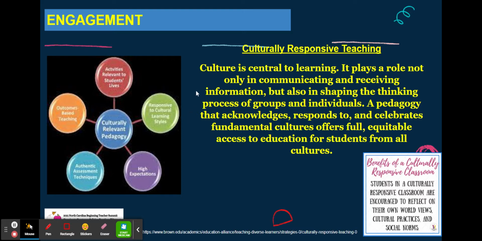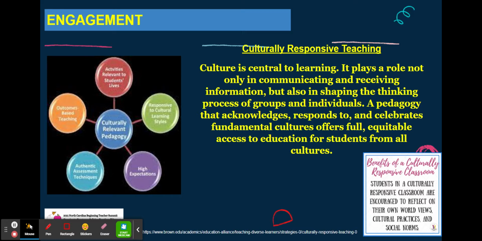And that is a reflection. The definition says culture is central to learning. So when we think about our lessons, how are the students in your classroom able to connect with the overall lesson? We as educators must be intentional about that, simply because we want to make our lessons relevant.